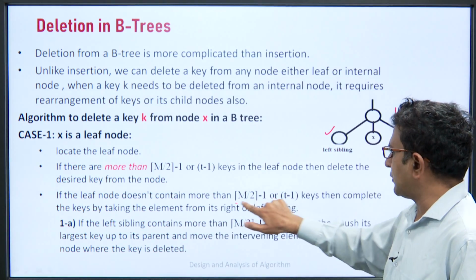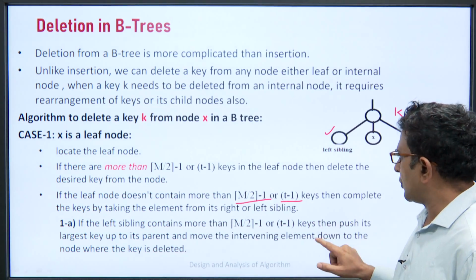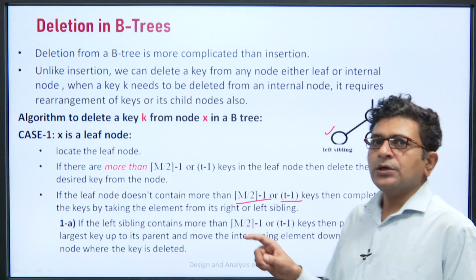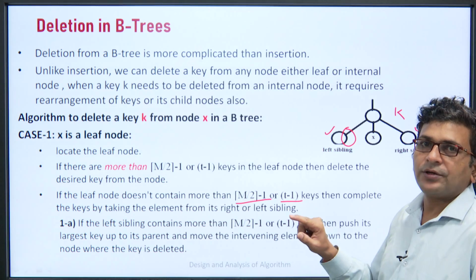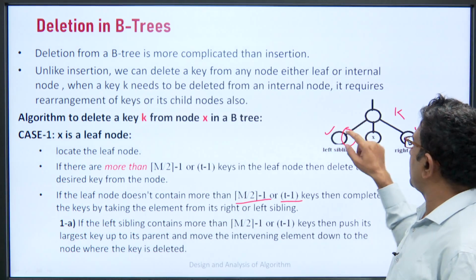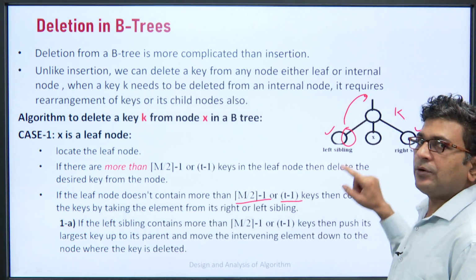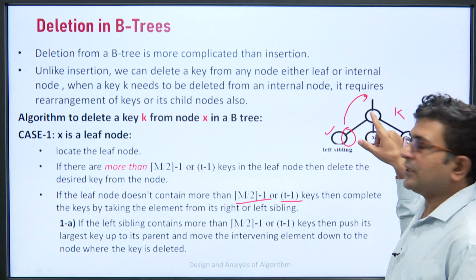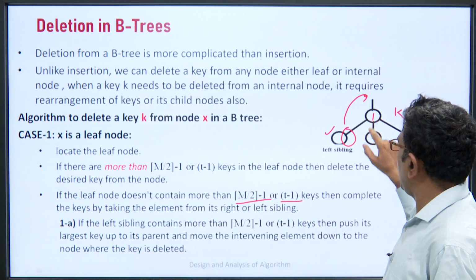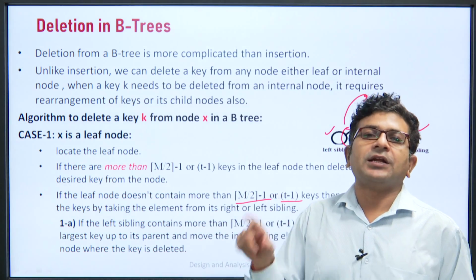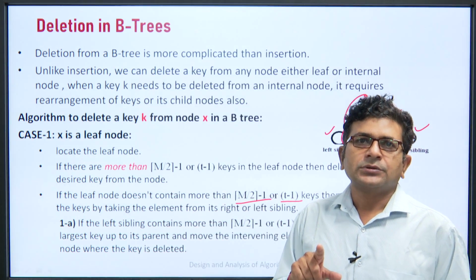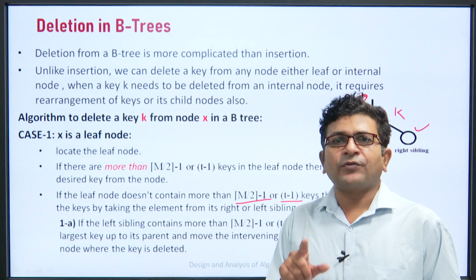So, the largest key present in the left sibling is pushed up to its parent, and the intervening key present in the parent node is pushed down to the node where we deleted the key k. So, this is case 1A.